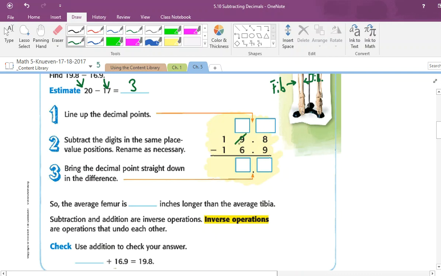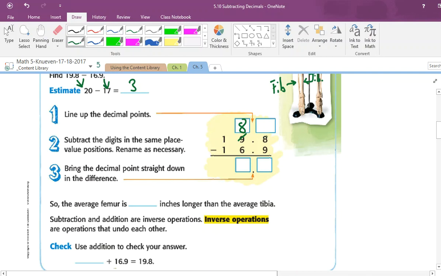So I'm going to borrow 1 from our 1's place in the 9 here, and that's going to become an 8. Now I need to take what I borrowed and add it to my 10th place, or to the digit to the right.